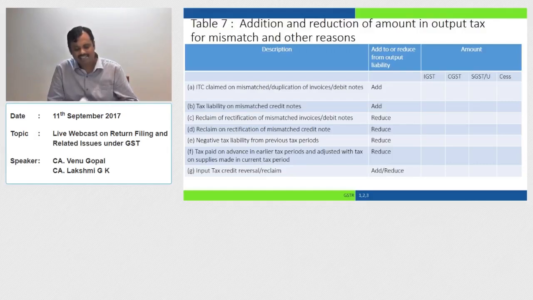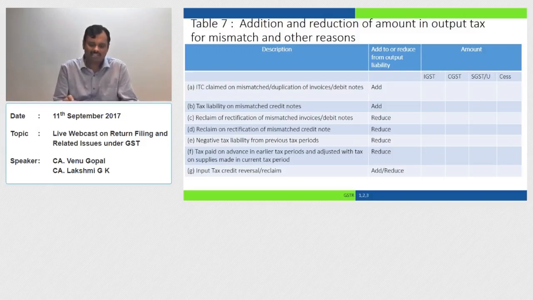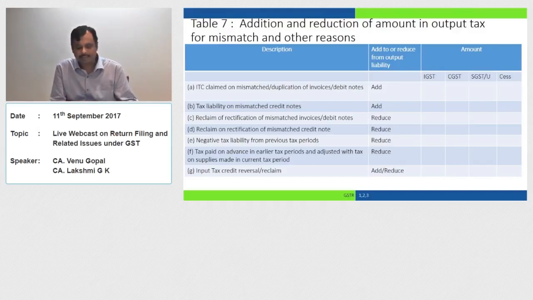Even this is auto populated from your GSTR 2 table 11 and table 12, where it is auto populated if you are making a duplicate claim of invoices, or if there are any reversals for various reasons. Whatever data is reported under table 11 and 12 is submitted and put back under your table 7.